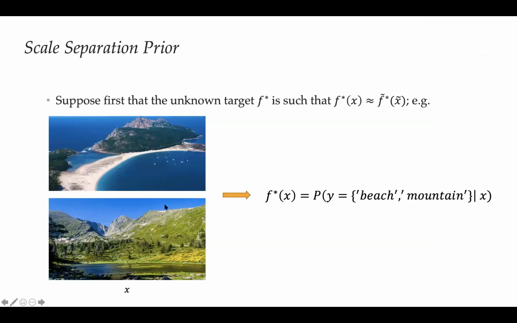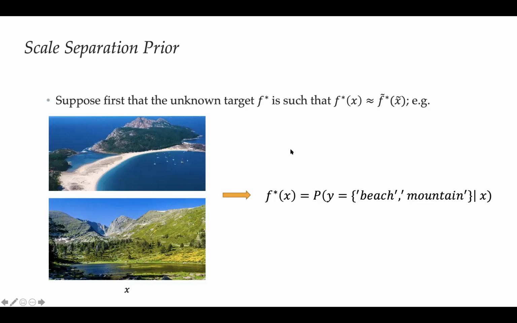So let me give you a first example of how this would be combined. Suppose first that the unknown function f star is a function that you can approximate, right? Instead of thinking that the input of the function is the full input image, it's a function that you can also define on a coarsened version of the image, right?